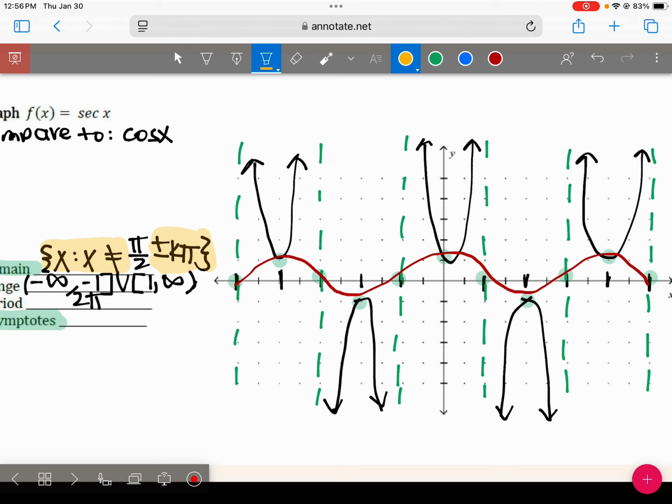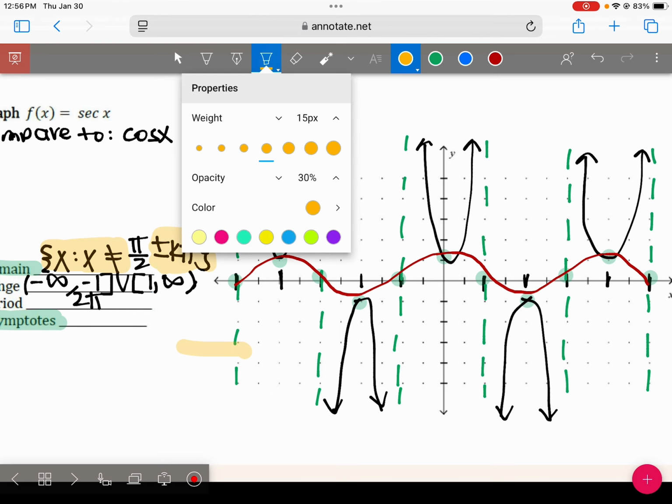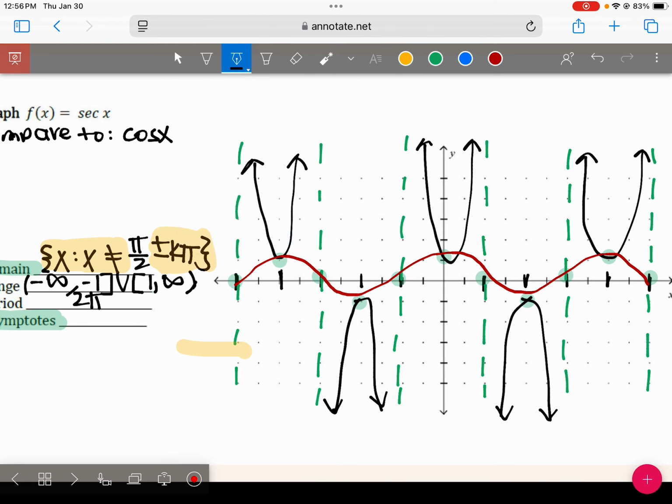And k is just any number that's a multiple of it. And your asymptote, I highlighted those because your asymptote is the same thing, but x equals it.